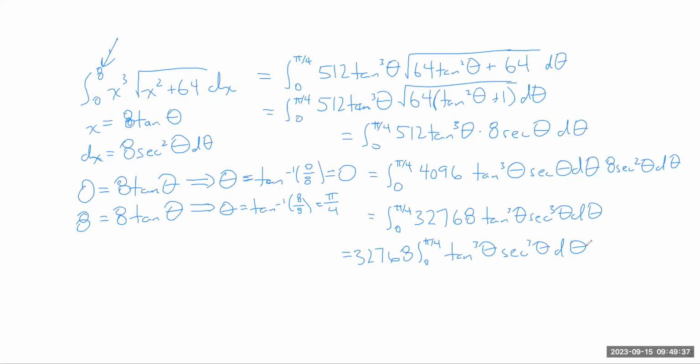Go ahead. Separate tangent cubed theta into tangent squared, and then convert tangent squared to secant squared minus 1. Okay. Because I'm concerned about room, I'm going to do that all at once. So I'll factor out one of these tangents.